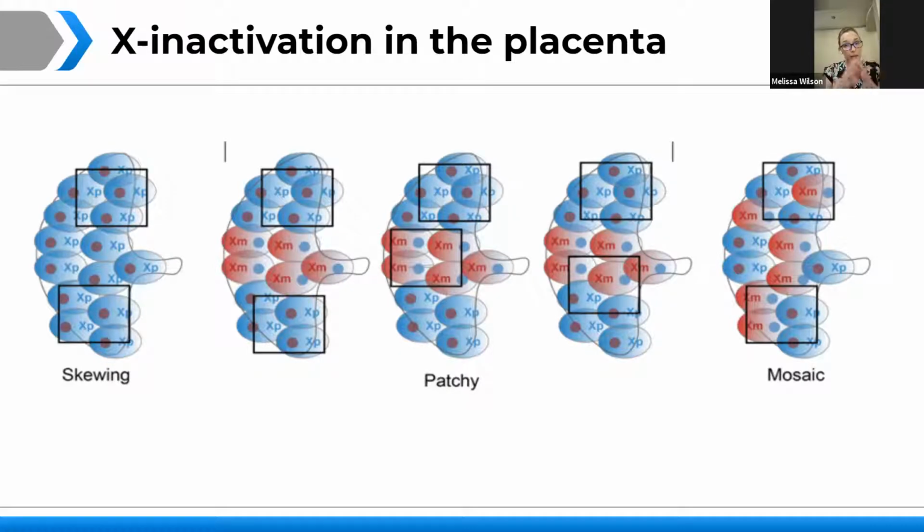So the three in the middle are three possible scenarios for patchiness where we might observe only mom's X chromosome, mom's and dad's, or a little bit of both because we've taken a chunk of sample at the boundary. And the last scenario is that it's mosaic, that we observe both maternal and paternal X chromosomes being expressed, but because those cells have migrated and moved about, we observe any bulk sample having both alleles expressed.